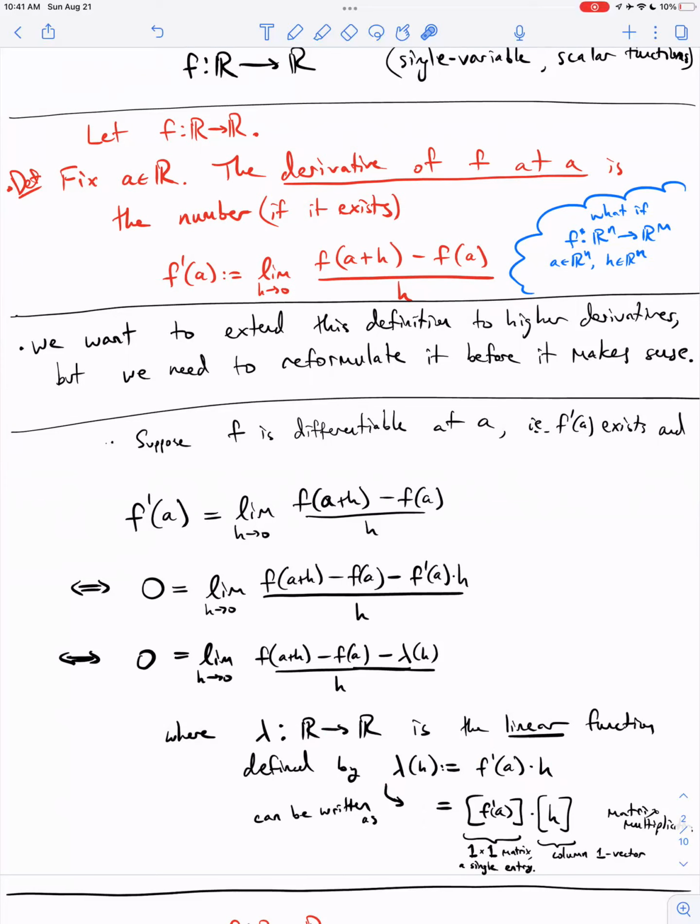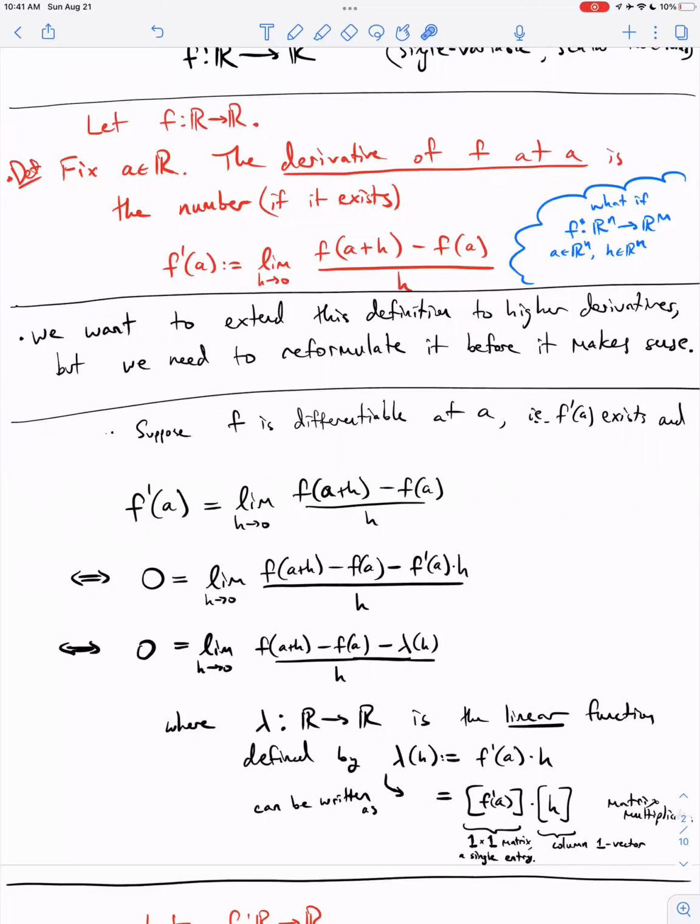In this one variable to one variable case, the linear functions are just you multiply by a single fixed number, right? If we wanted to rewrite this in terms of matrices to make it clear that it's a linear function acting on a vector, because all the linear functions correspond to matrices and matrix multiplication, this is just a 1-by-1 matrix multiplying a column 1 vector.